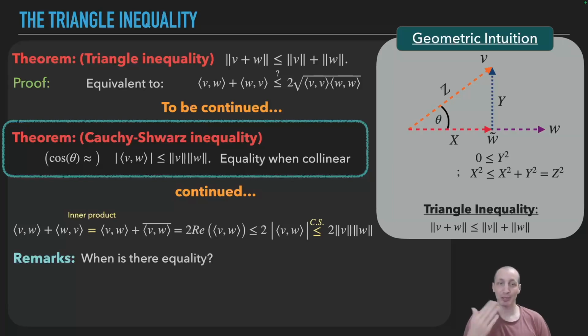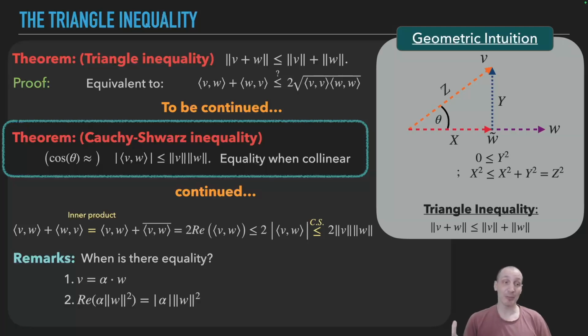Okay, so what does it mean in a general inner product space? We need that all the inequalities in the line above should be actual equalities. So first of all, the Cauchy inequality should be equality, so v should be alpha times w. And also the real part should be the absolute value. So we write that the real part of the inner product of alpha w by w should be the absolute value. First of all, let's take alpha outside of the inner product. So we have alpha times the norm of w squared.